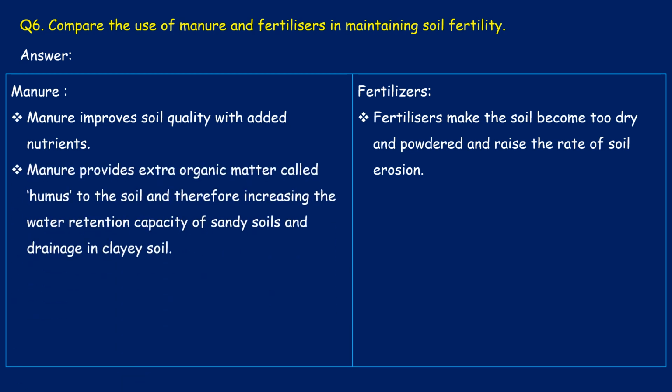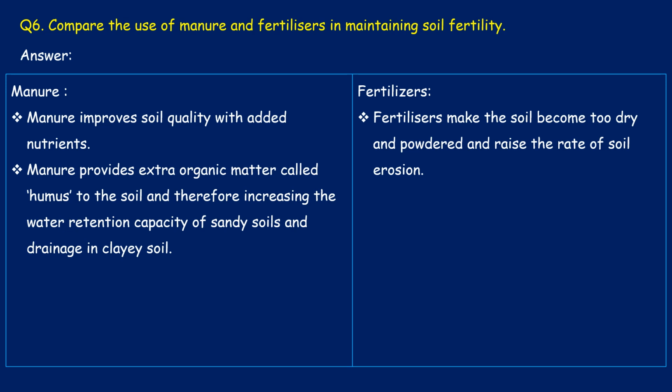Now, manure, second point. Manure provides extra organic matter called humus to the soil and therefore increases the water retention capacity of sandy soils and drainage in clayey soil. Sandy soil, since it has a lot of gaps in it, easily gives up water moisture.